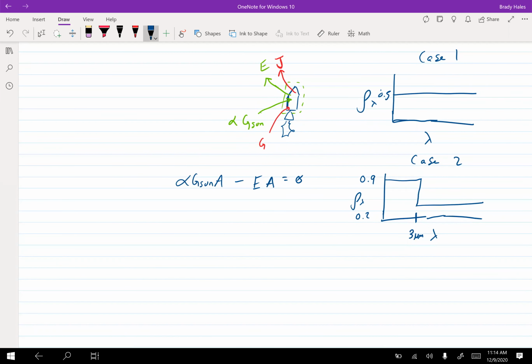Technically this A is kind of like the projected area, right? Well, maybe I'll just simplify it.